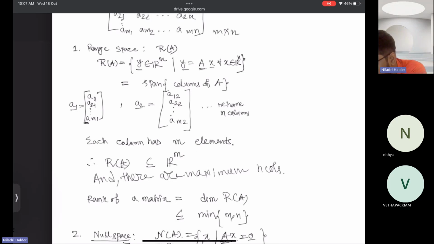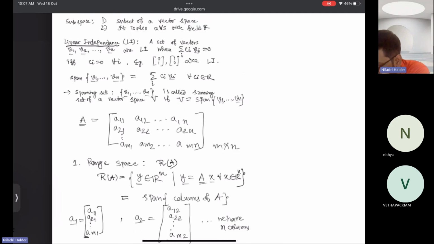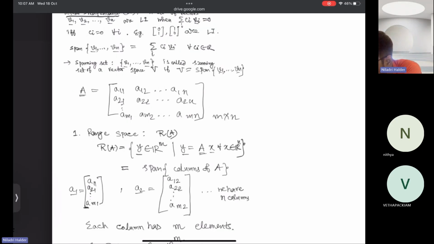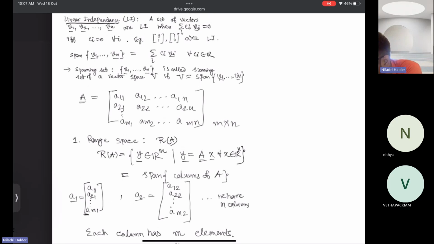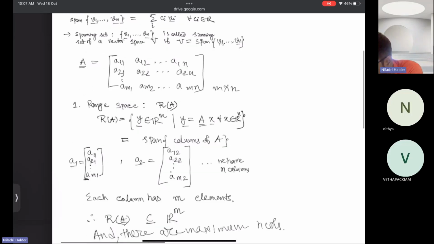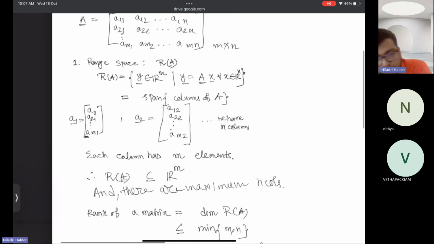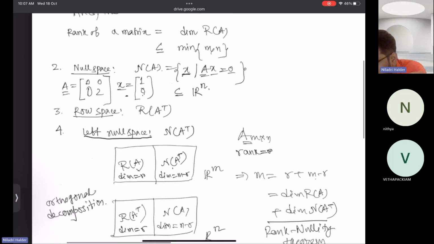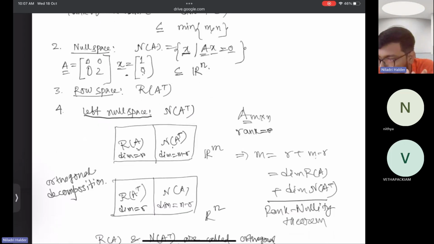Span just means a linear combination. This summation c_i v_i is what was written in the linear independence definition. That is the span actually. So the span of all the columns of a matrix is called the range space of that matrix. Null space is the set of all the vectors x such that Ax equals 0.